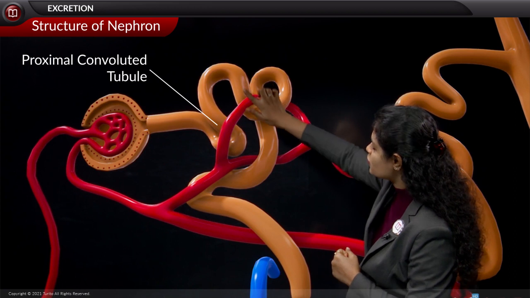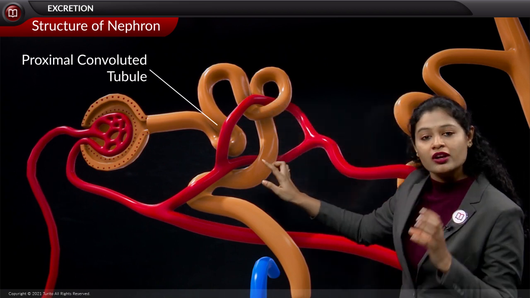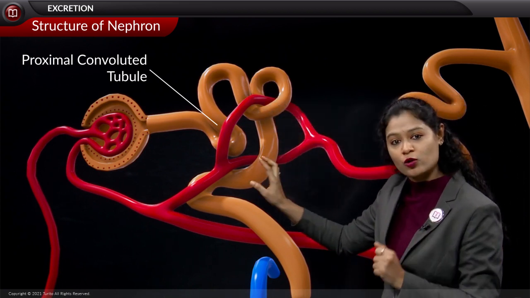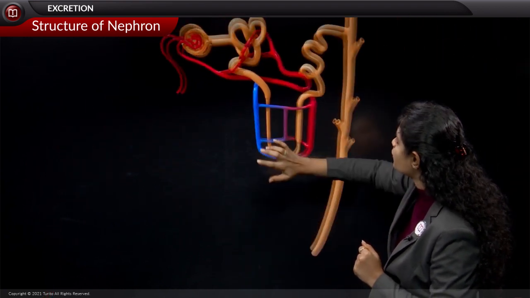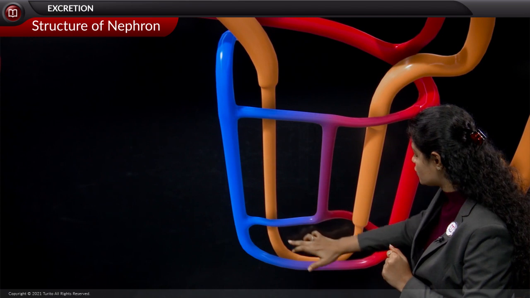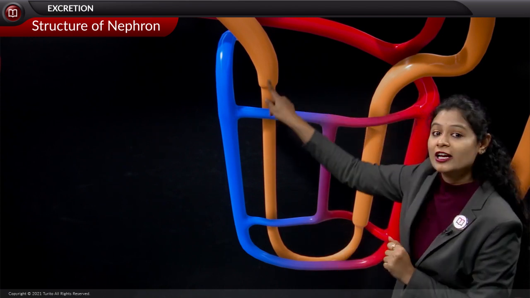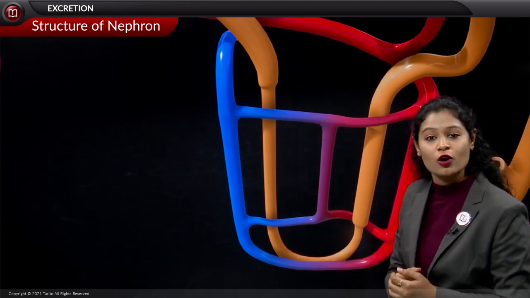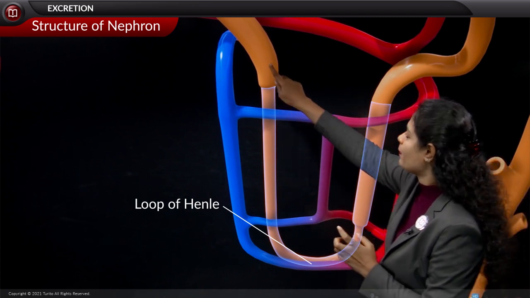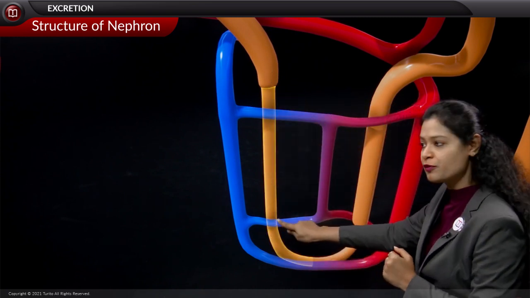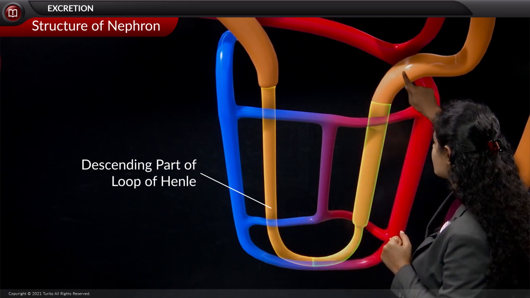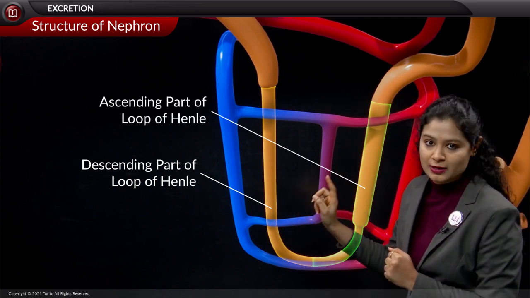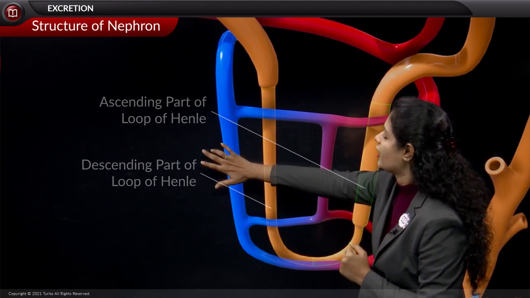The filtrate present in this shows reabsorption of the nutrients and also water. Then there is movement of the filtrate into the next structure of the nephron, which is like a hairpin loop, and it is called the loop of Henle. The part which is descending into the deep of the kidney is called the descending part, and the part which is again ascending upwards is called the ascending part of the loop of Henle.